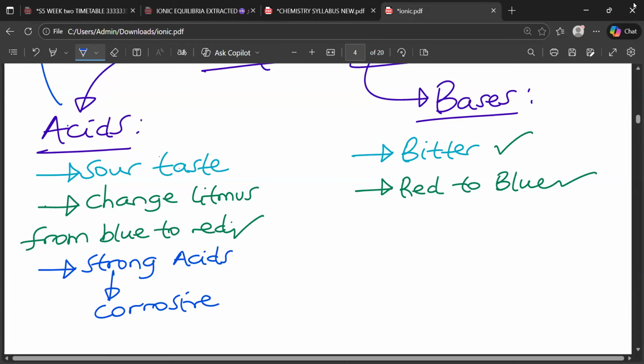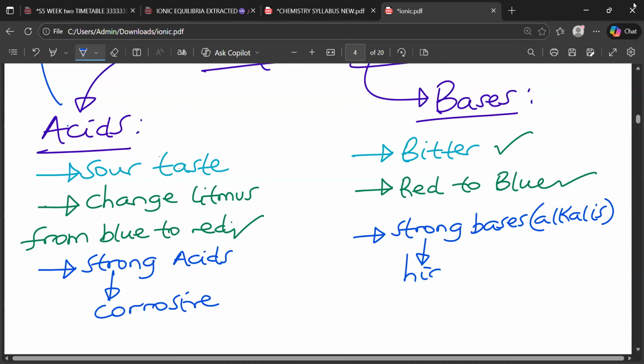Then same thing this side, not all bases, but especially the strong ones. But we prefer the solutions, which we call the alkalis. So like it or not, even these ones are highly corrosive.